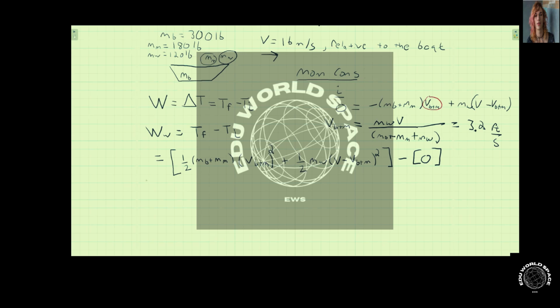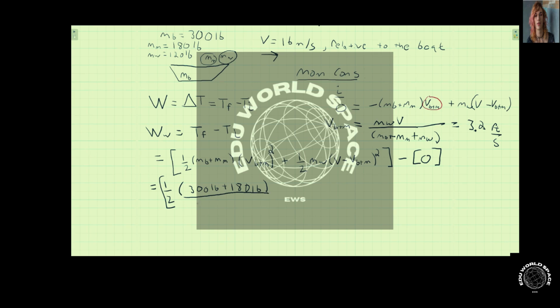Now, when I solve all this out, let me plug everything in real quick, just to show you what we need to do. Right, we have 1/2 times the weight of the boat, which is 300 pounds, plus the weight of the man, which is 180 pounds. Now remember, the pound is a measure of force, not mass. And when we have an m in our equation, that means mass.